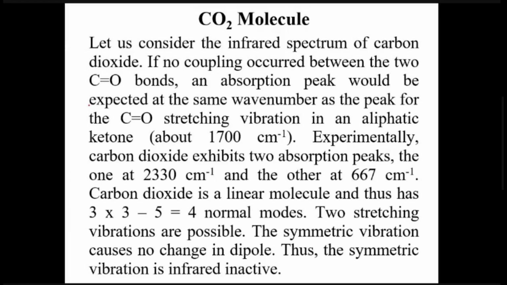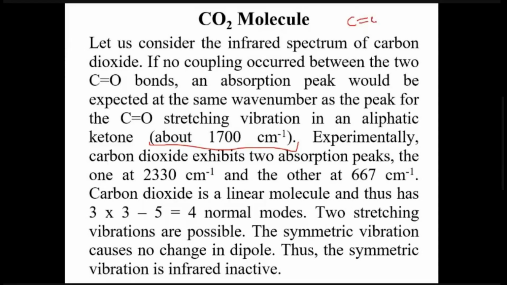If there is no coupling, the absorption peak would be expected at the same wave number as the peak of carbon-oxygen stretching vibration in an aliphatic ketone, that is around 1700 centimeter inverse.